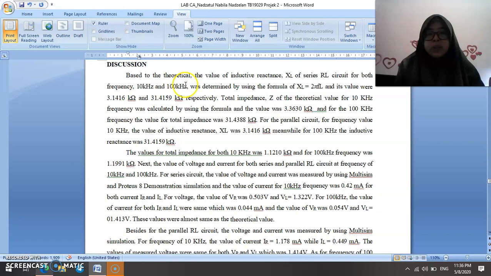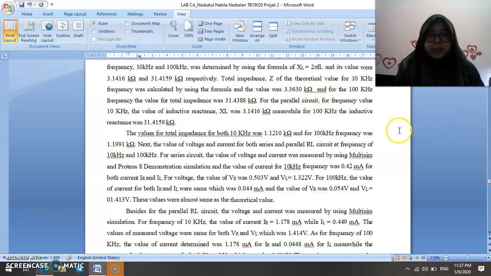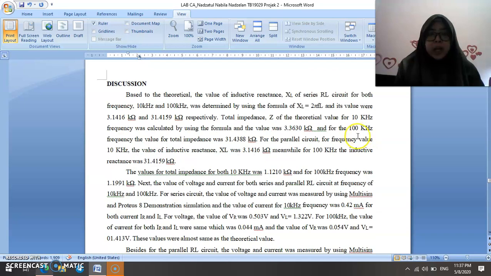Discussion. Based on the theory, the inductive reactance XL of series RL circuits for both frequencies, 10 kHz and 100 kHz, was determined by using the formula XL equals 2 pi times frequency times L. The values that I obtained from the table above, I wrote down in the discussion part and compared with the theoretical.